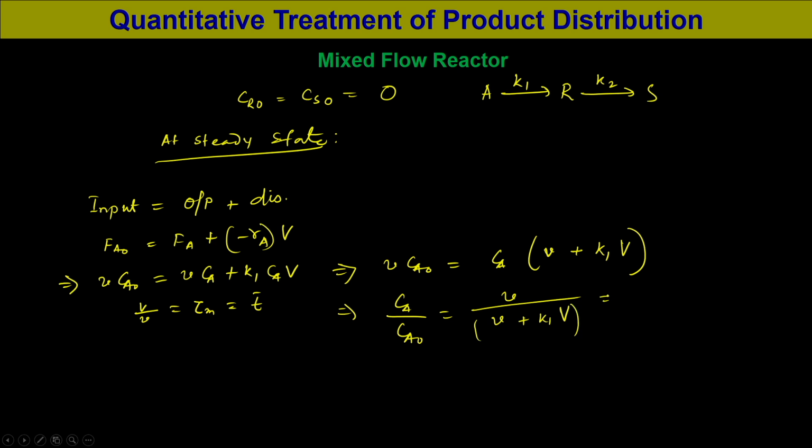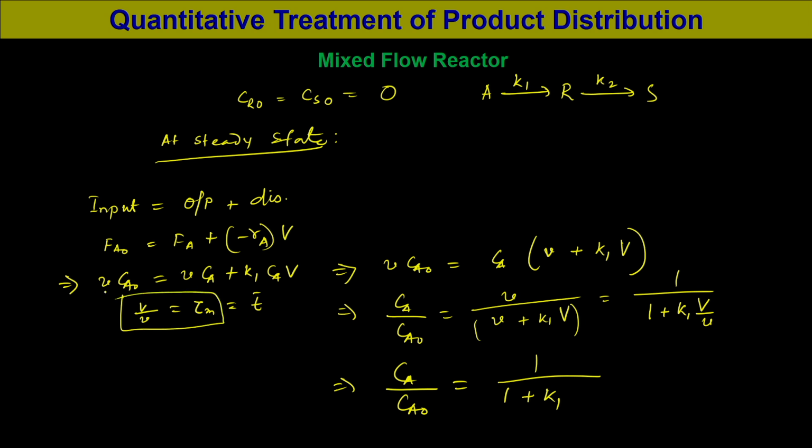Now this we can rearrange. This would be equal to 1 by 1 plus K1 V by volumetric flow rate. So, then we can write Ca by Ca naught is equal to 1 by 1 plus K1, and this V by volumetric flow rate is tau m. So, we can put tau m.